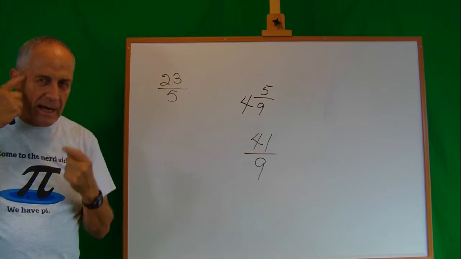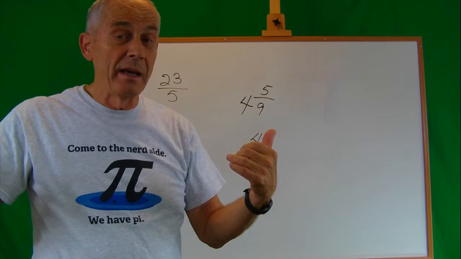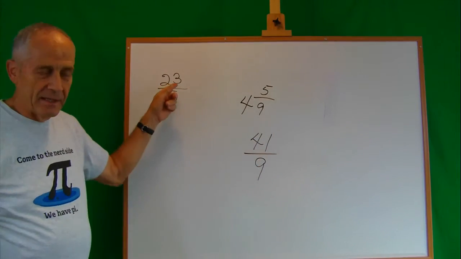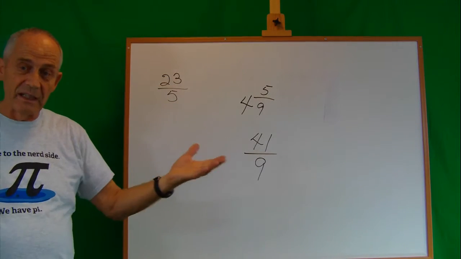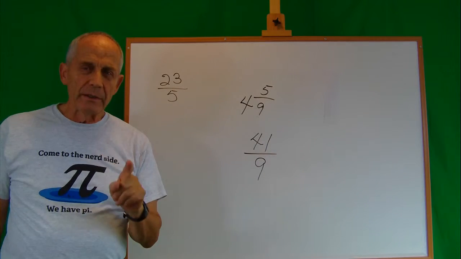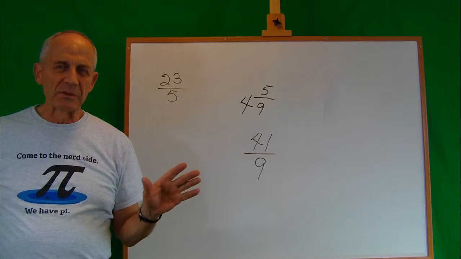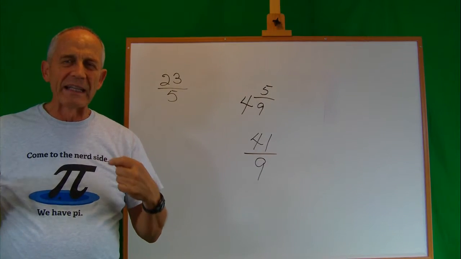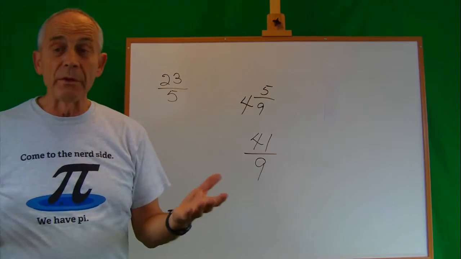And because of that, I know that for every whole, W-H-O-L-E, I have 5 of them. This is called improper because this number is bigger. So basically we have too many of these things. So what we're going to do is change some of those extra ones we have into wholes. Okay, so we look at this and say, we're dealing with fifths.